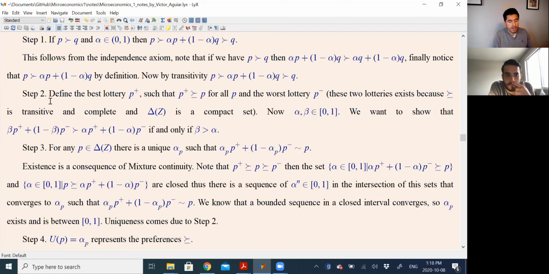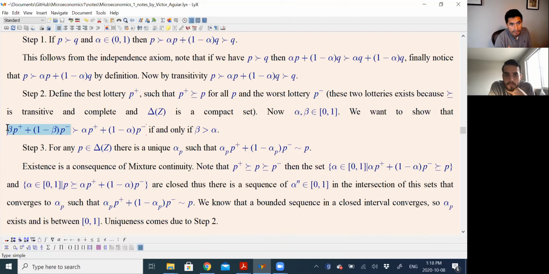So imagine the alpha is not unique. Because alpha is a real number, if there are two alphas, alpha and alpha prime, there are two possible cases, and in fact, one without loss of generality: alpha is strictly greater than alpha prime. If that happens, then it has to be that the compound lottery with respect to alpha is strictly better than the combination with respect to alpha prime.